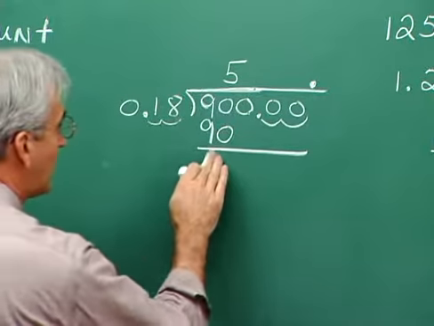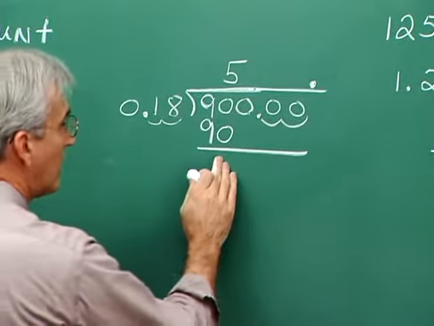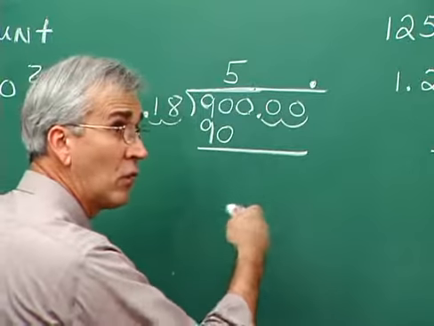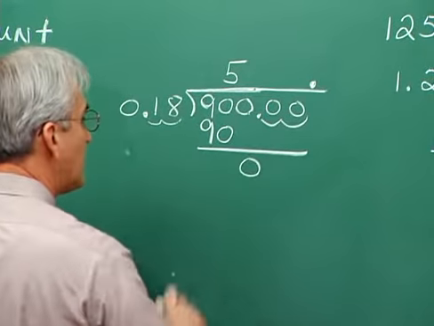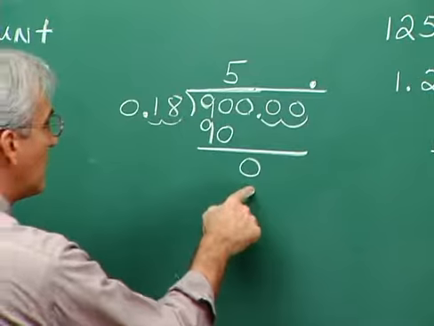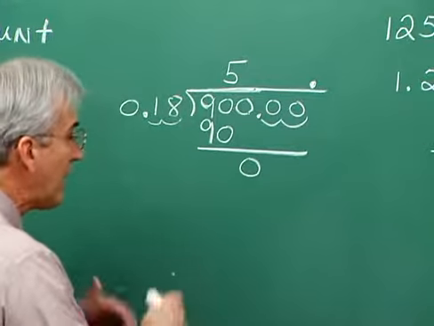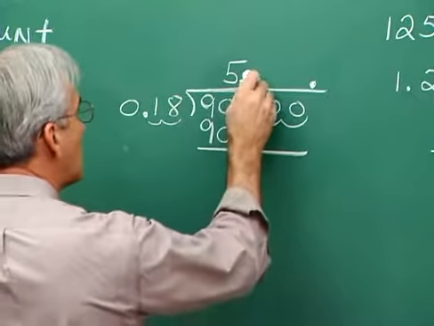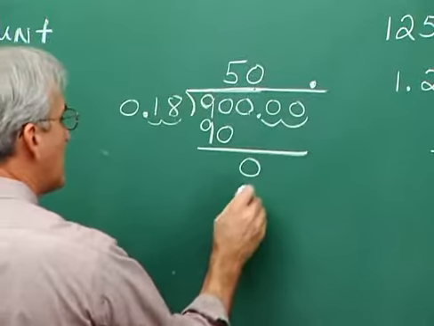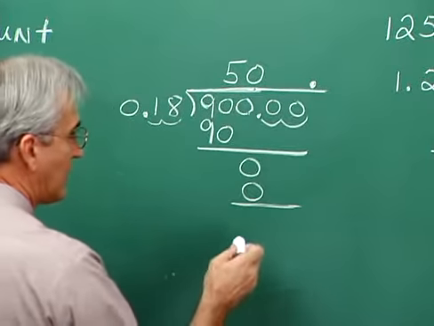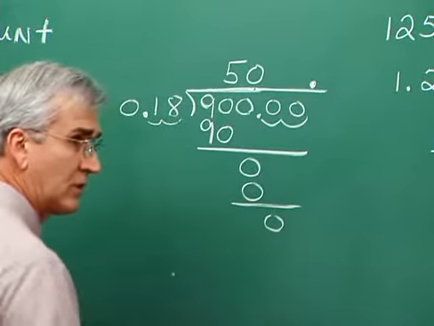When we subtract, we get no remainder here, and our prescription for division is to bring down the next digit and divide. Well, 18 goes into 0 no times, because 0 times 18 is 0. Then bring down the next digit and go through the same process.